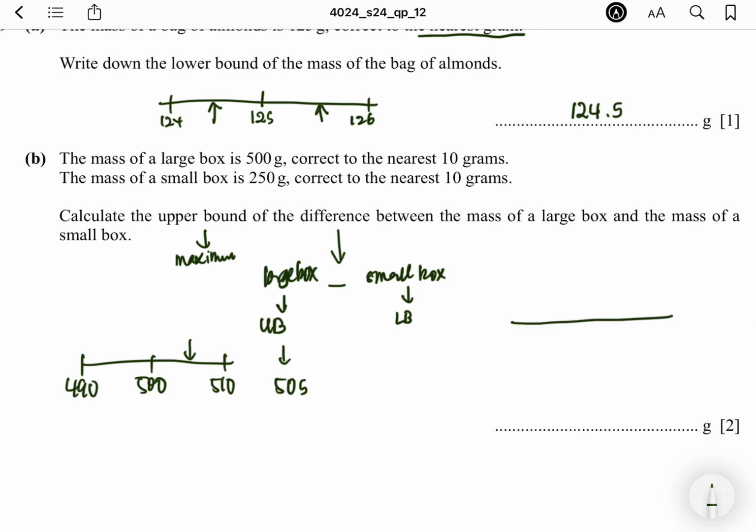So I do the small box here. 250. Errornya 10, which means here 260, 240. We want the lower bound here, which is what, Ridwan? Yes, 245. So lower bound is 245. Ditolak, and you should get your answer.